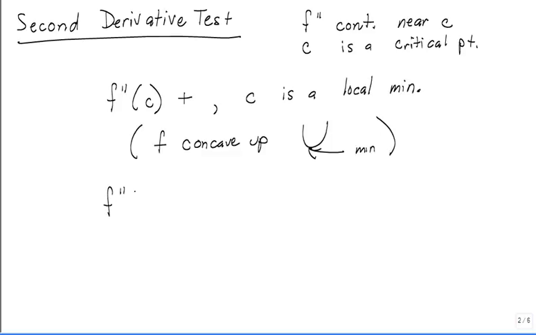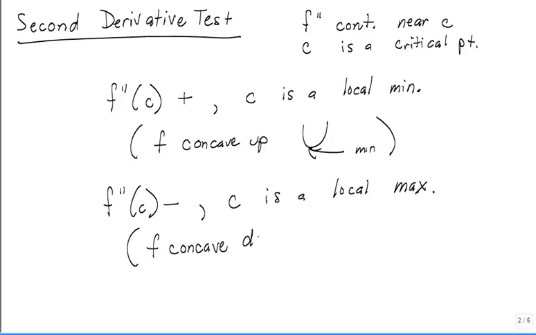And if f double prime at that point is negative, then C is a local max, because if the second derivative is negative, then f is concave down, which looks like that, and at C you get a max.